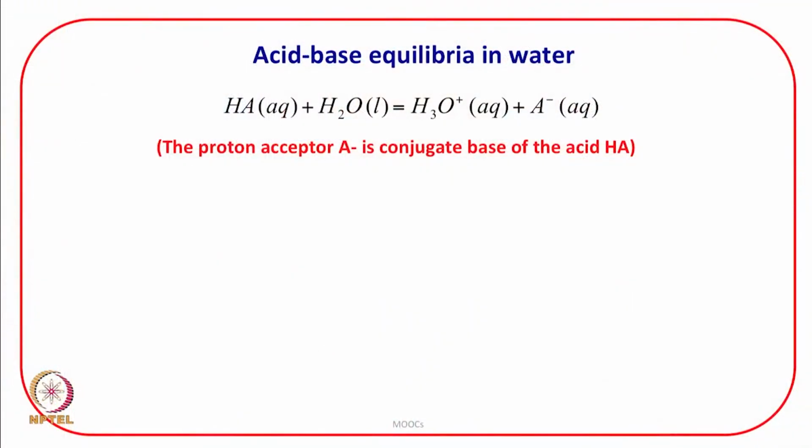So, let us talk about acid base equilibria in water. Let us consider this reaction in which HA is interacting with water and donating a proton to water, forming H3O plus and A minus, all in aqueous solution, and this H3O plus is called the hydronium ion.